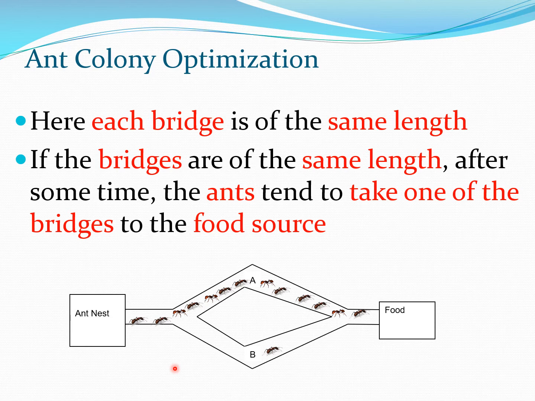Now, what would happen in this case is that if you have such a situation, after some time the ants tend to take one of the bridges to the food source. So something like what is shown in the figure is what happens.